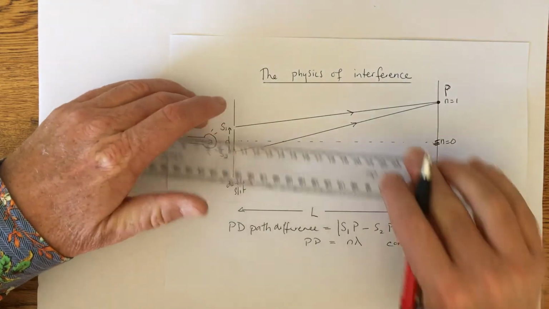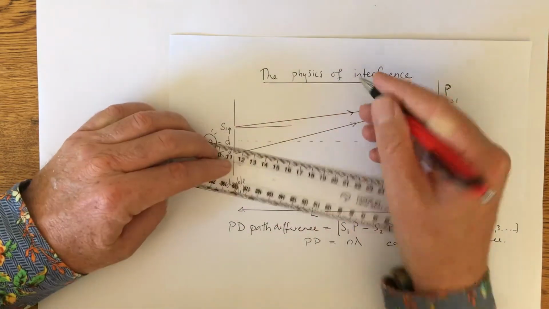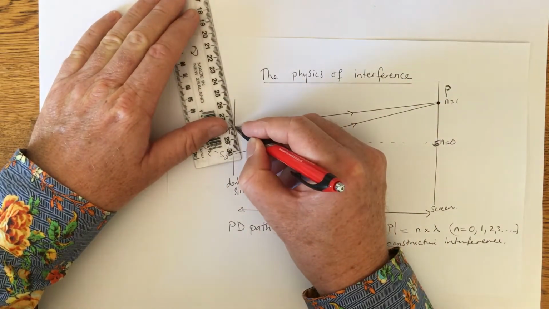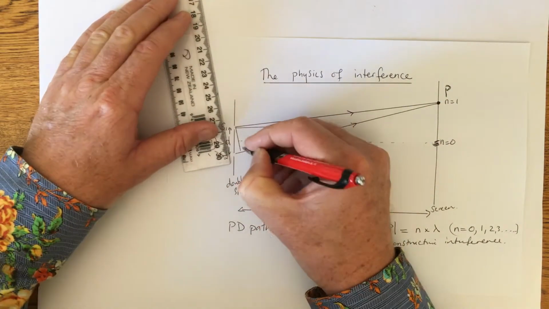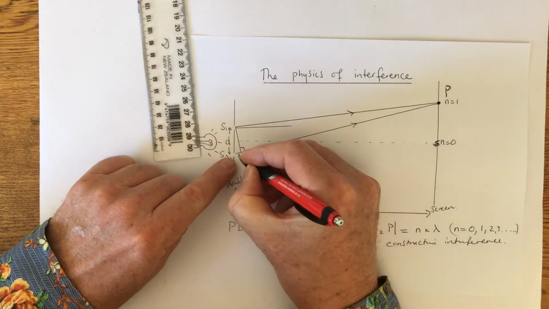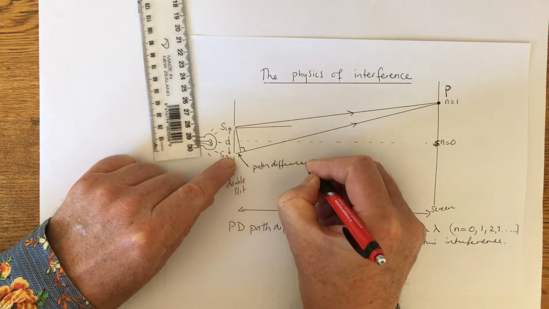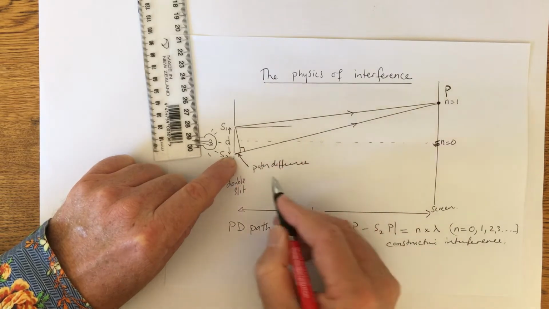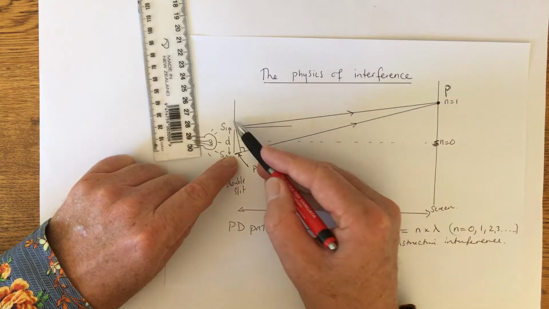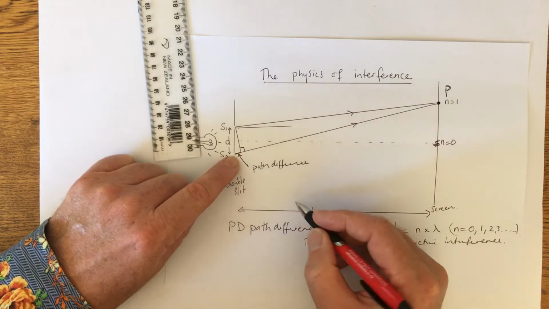Now, if I have a look at this angle here, if I was to draw a line down here, and this is perpendicular, 90 degrees, this is the path difference. This tiny little distance here is the path difference between this ray, or this distance between S1P and S2P.